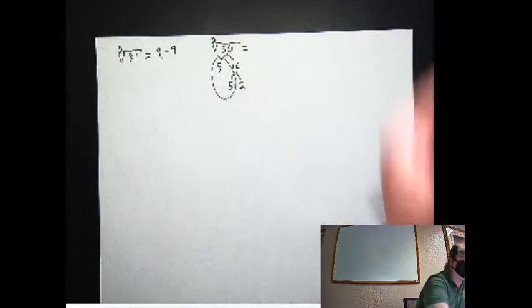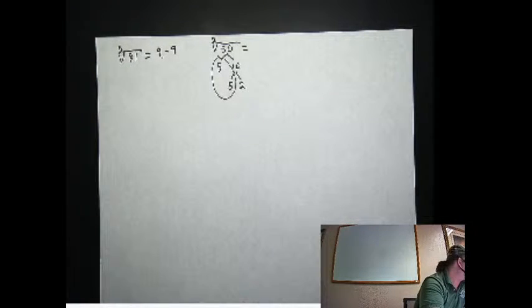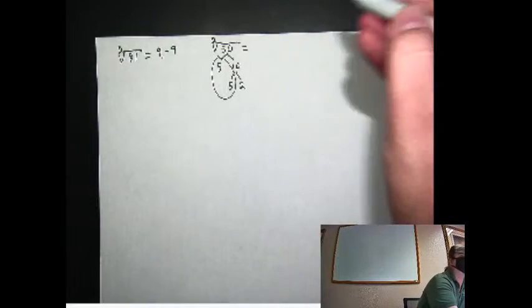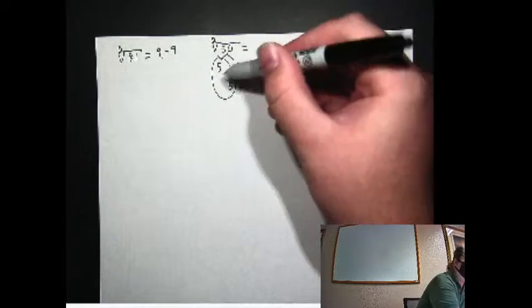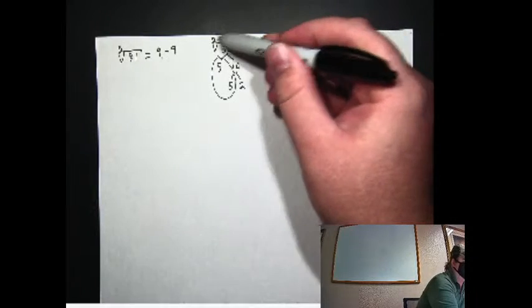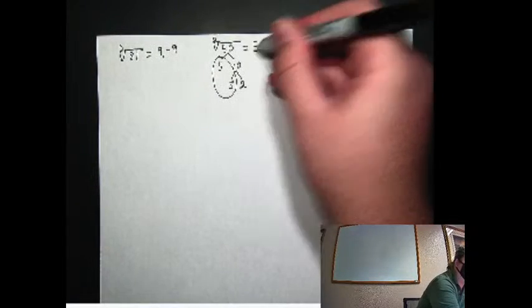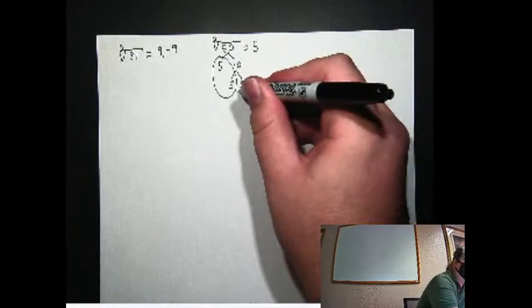So we've got a pair of 5s there. And what does that mean we can do since we have that pair? Do what? I didn't quite hear you. Oh, no, it's okay. Sorry. You can pull it out of the root. Yeah, we can pull this out of our root. After all, this is like a square. This is 5 times 5, so 5 squared. And this is a square root. So square and a square root cancel and just leaves us with 5. All right, but what about this 2 here?